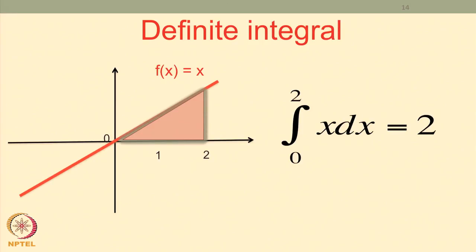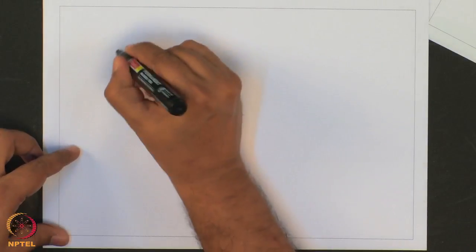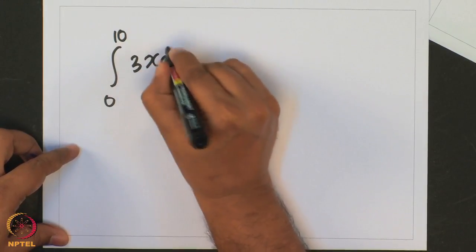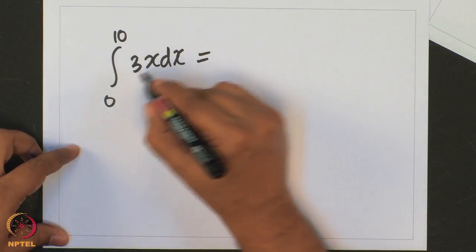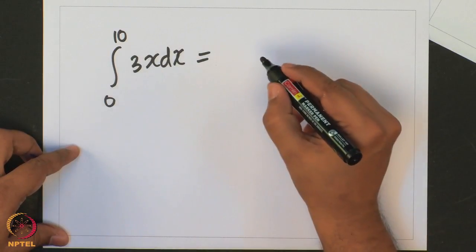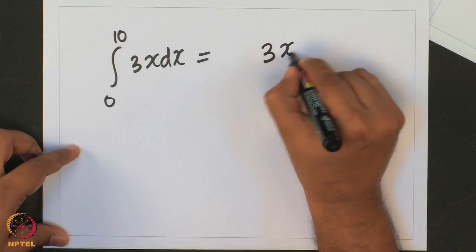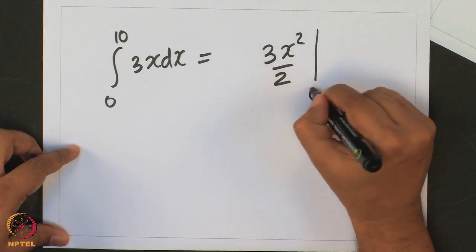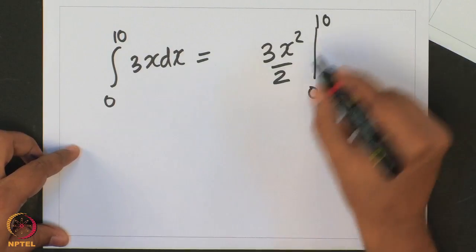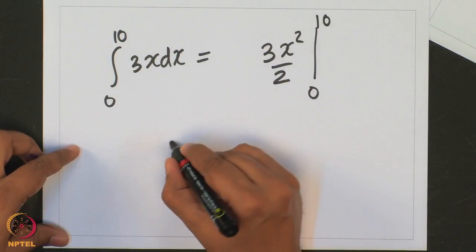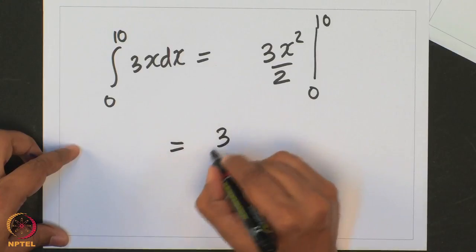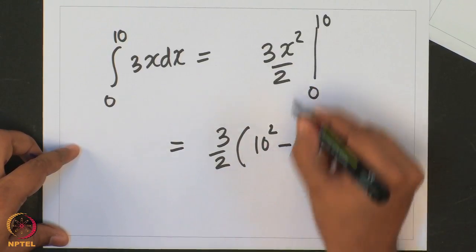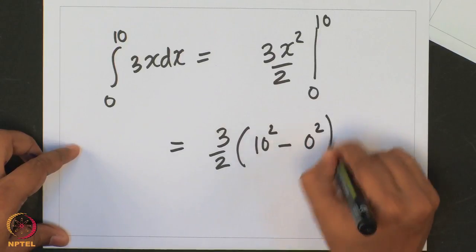In one case we wanted the integral from 0 to 10 of 3x dx. We know that the integral of 3x dx is 3x square by 2, between 0 and 10. This is the limit we want. So we apply the limit: 3 by 2 times x square, which is 10 square minus 0 square.